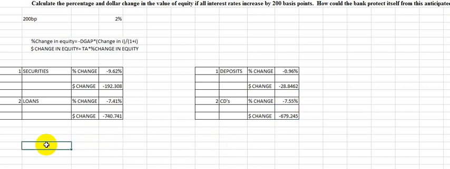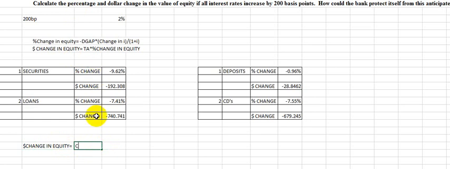Now, finally, to calculate the change in equity, let's start with the dollar change in equity. The dollar change in equity is equal to the change in assets minus the change in liabilities.